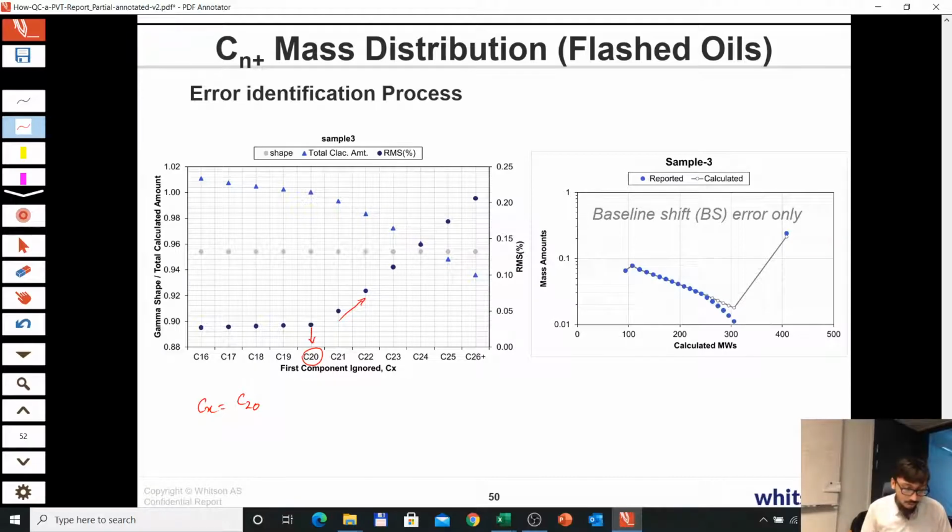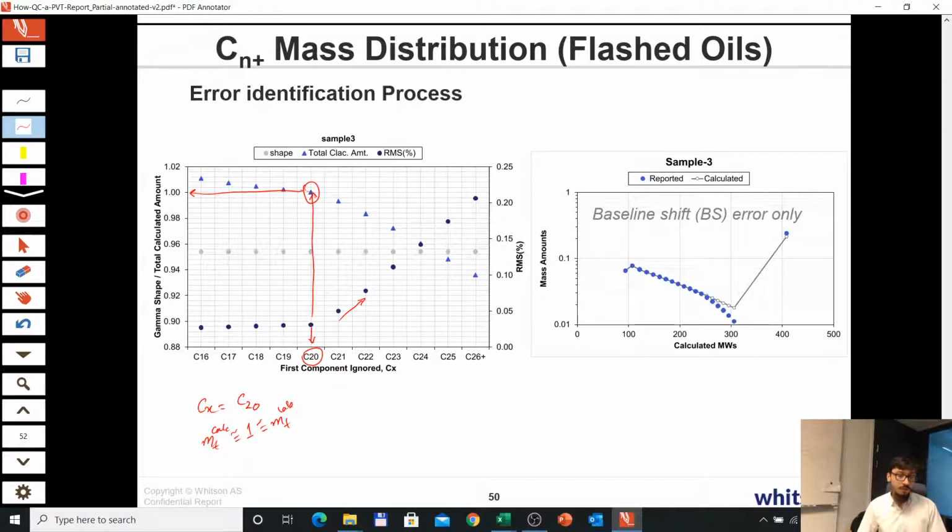Okay, and then we are looking for the total mass. So the total mass is 1, which is equal to the lab reported total mass.